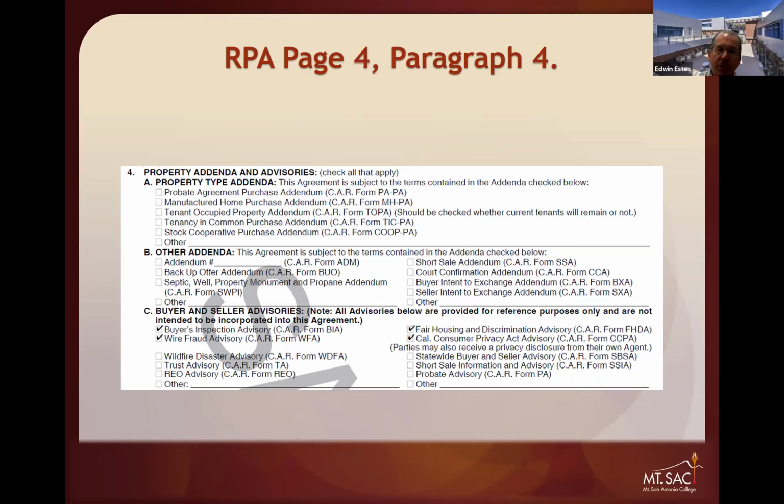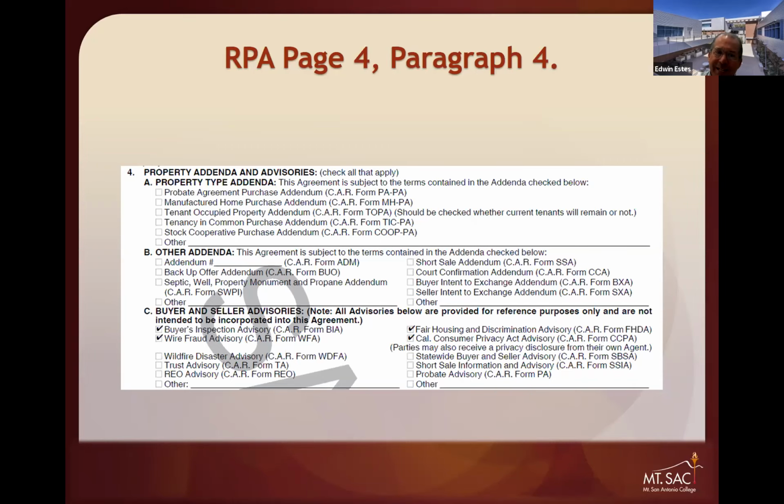They used to have a manufactured home purchase agreement, but to try to keep things more simple, they said, you know, those agreements were pretty much the same as the purchase agreement. Why don't we just have one purchase agreement to purchase a single family dwelling? And if it's a probate or a manufactured home, we'll just have an addendum to cover those additional items.